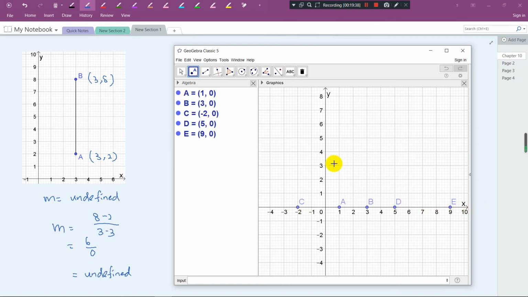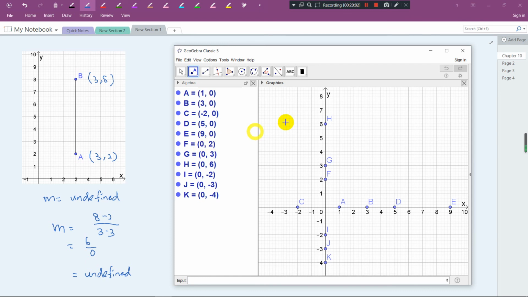Now how about if the point lies on the y-axis? Let me just do it here. Now look at the coordinates of all these. Do you notice that all the x coordinates are 0?